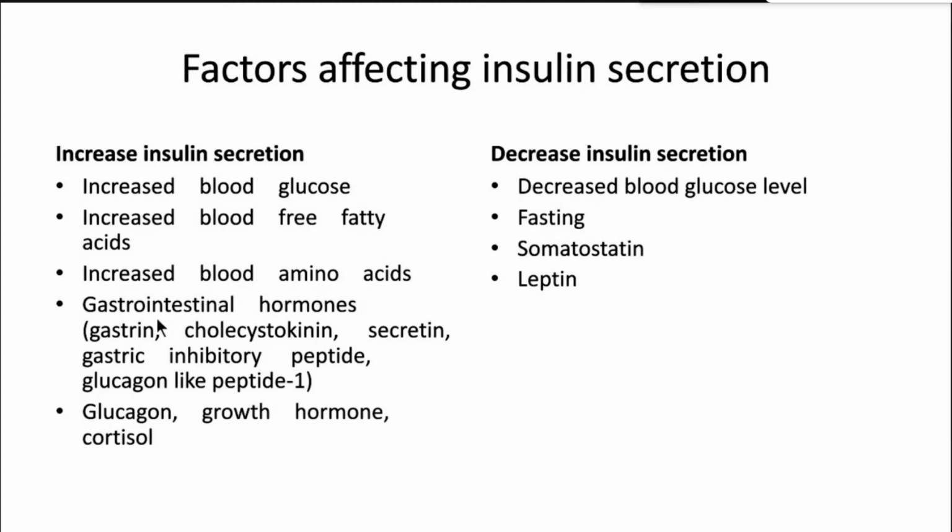And there is another interesting finding here. Gastrointestinal hormones like gastrin, cholecystokinin, secretin, gastric inhibitory peptide, glucagon-like peptide 1. And these last two are also called incretins because they increase insulin secretion. And in our last class, we mentioned glucose intake by oral route has more stimulating effect on insulin secretion than intravenous glucose.